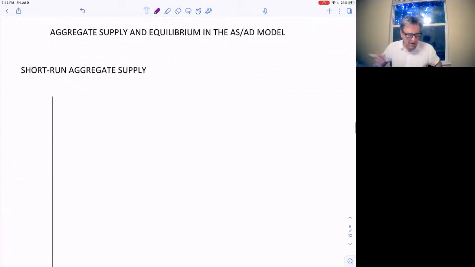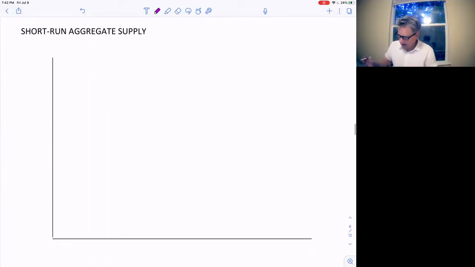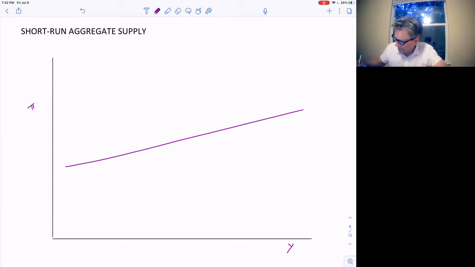Okay, so now let's take a look at the supply curve. The aggregate supply curve has an upward sloping curve on it. And the same thing on the axis, output on the horizontal axis and inflation on the vertical axis. So we can put them together on the same graph.